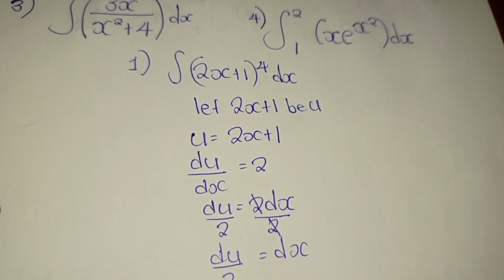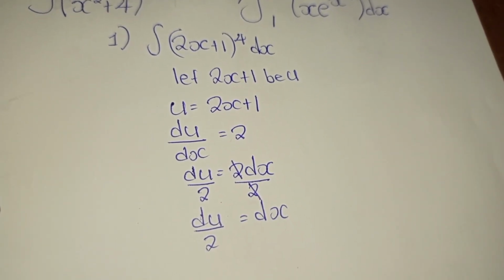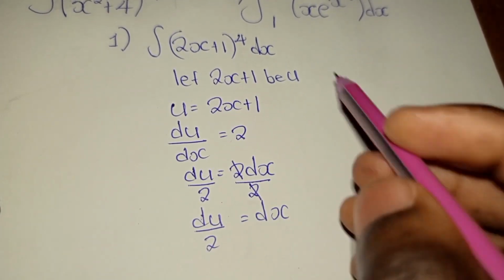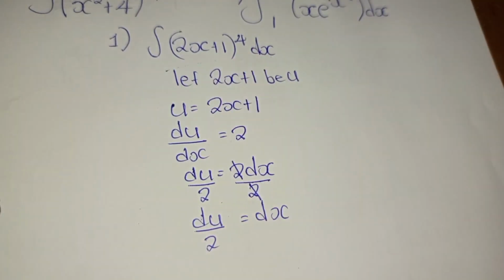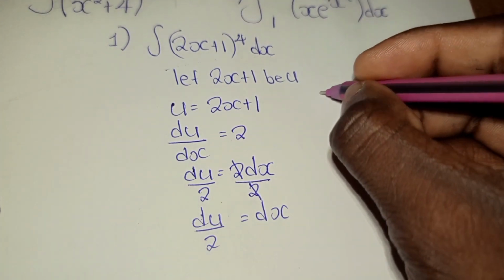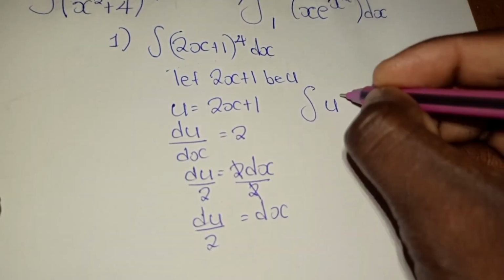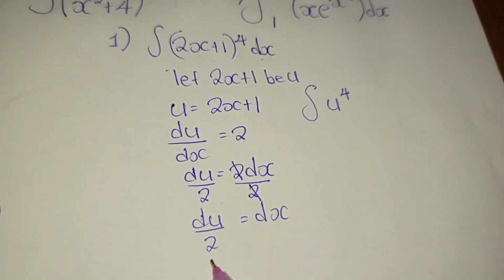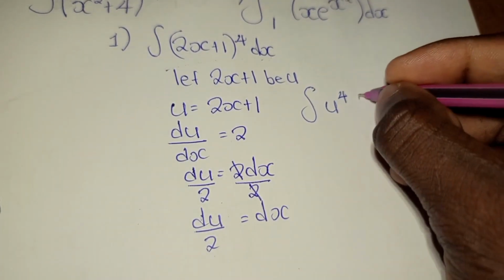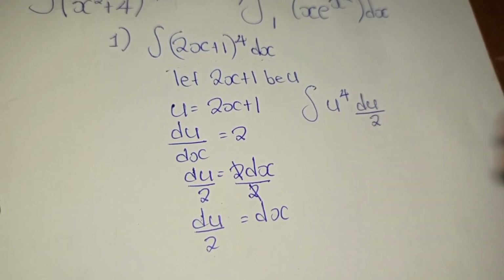Then immediately now we have this. Remember, our main interest is to find the integral of this. So we know we had to let 2x plus 1 equal to u. So we'll say the integral of u to the power 4. Remember, dx in this case is now du over 2.